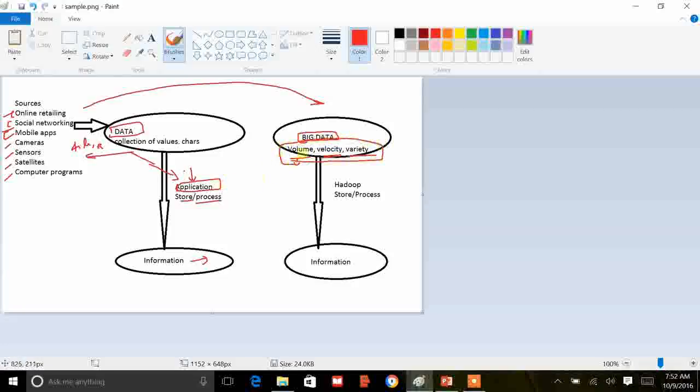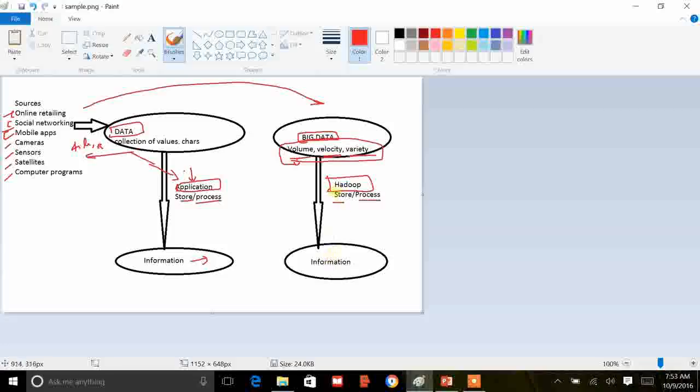So big data needs another system which can store and process it. Hadoop is one of the solutions, which provides a unified framework that can store and process the data and then convert it into information.